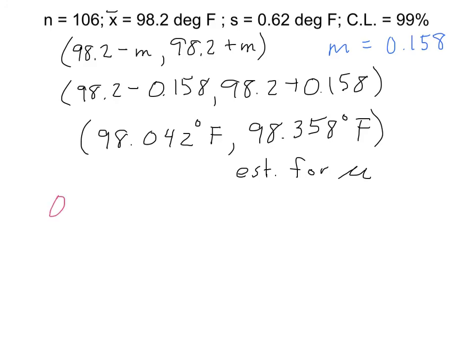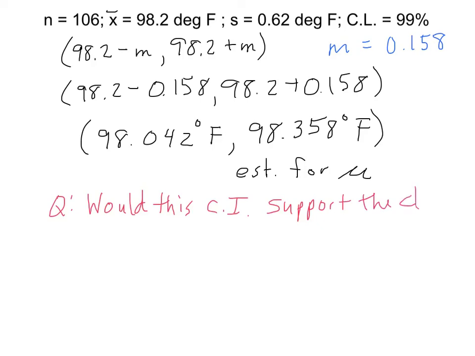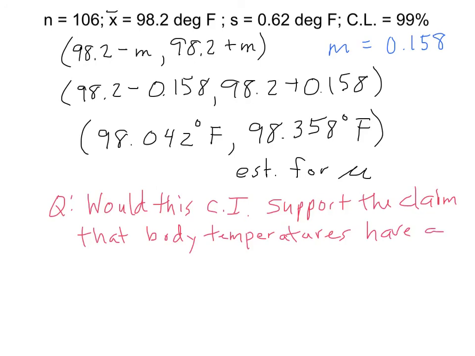So a question might be, would this confidence interval support the claim that human body temperatures have a mean of 98.6 degrees Fahrenheit?